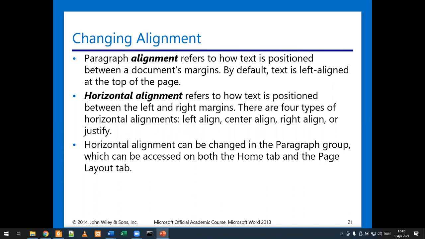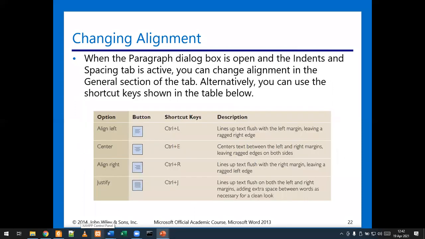You see a straight line, or you justify it, meaning on both sides, the text is going to flow like a box, meaning the text to your right will fit everything to the left exactly, or it will try to squeeze in as much information between those two left and right margins. Horizontal alignment can be changed in your paragraph group and is accessible within the home tab and your page layout tab.